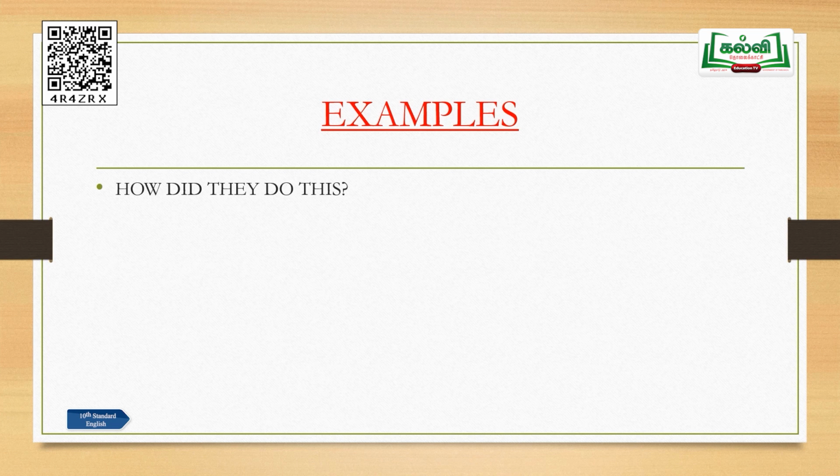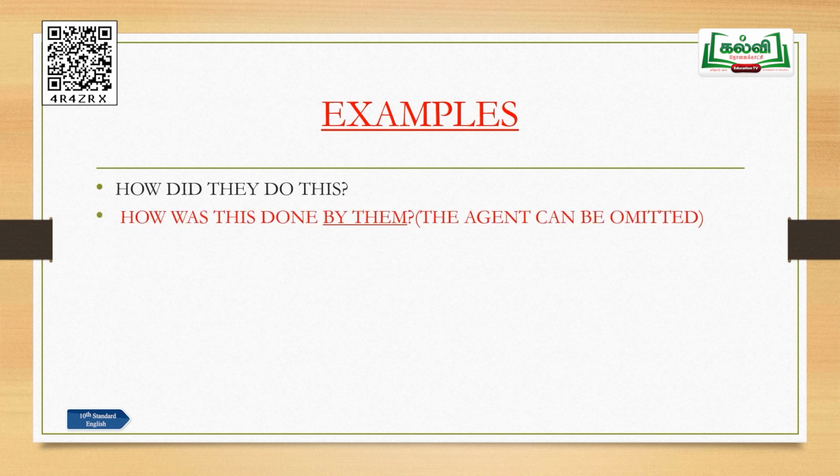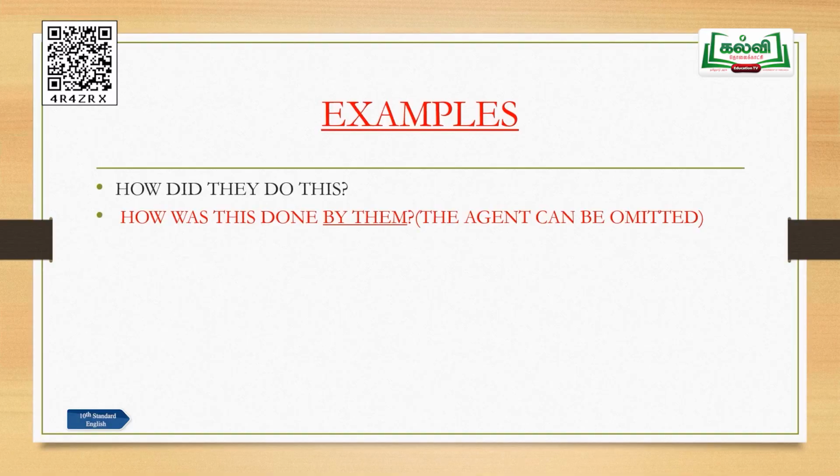How did they do this? How was this done by them? So is it necessary for us to mention by them there? Not needed. The agent can be omitted. You can simply say, how was this done?